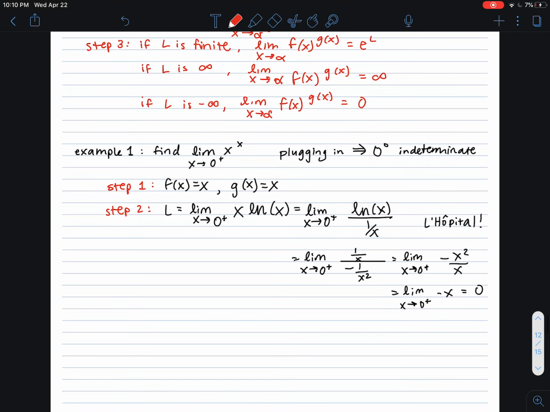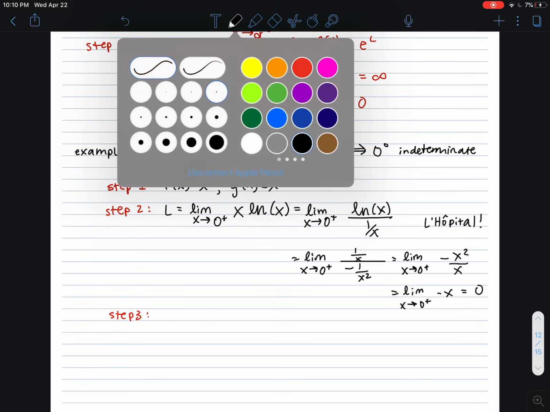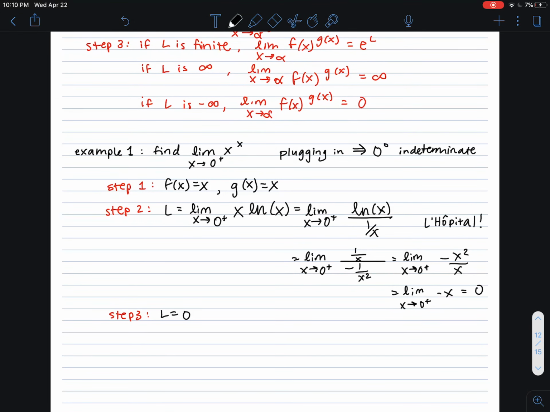We still have another step. So step 3, we have that L is equal to 0, which is finite, right? Because finite just means not infinity, or positive or negative infinity.